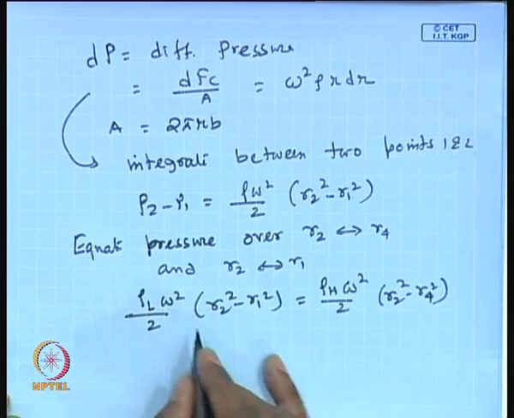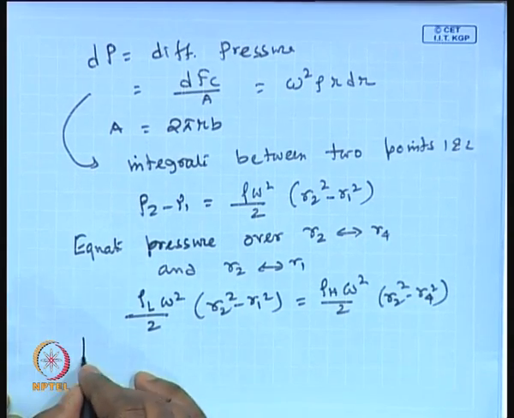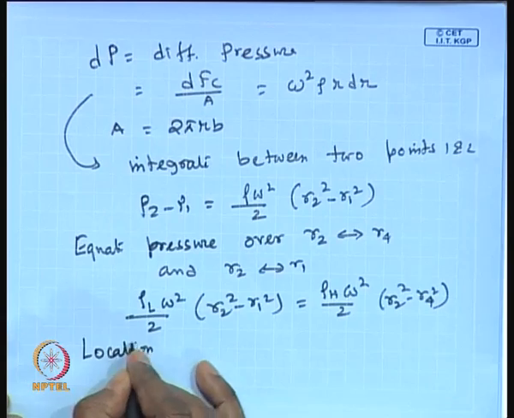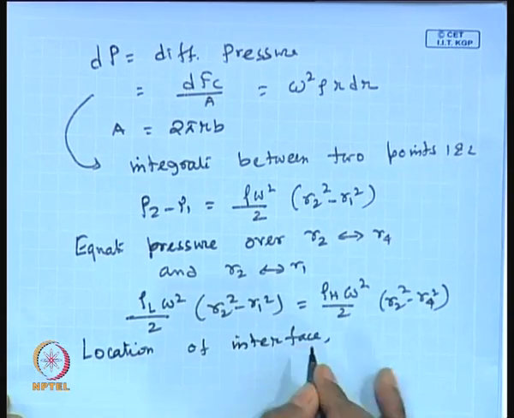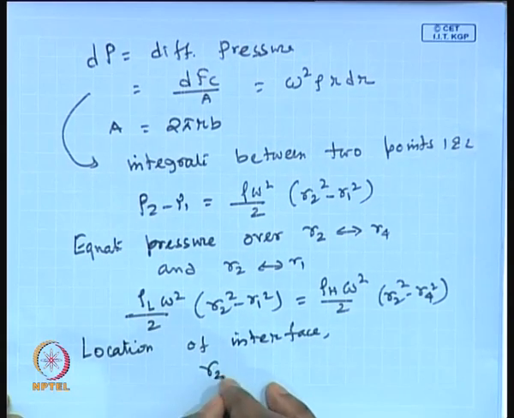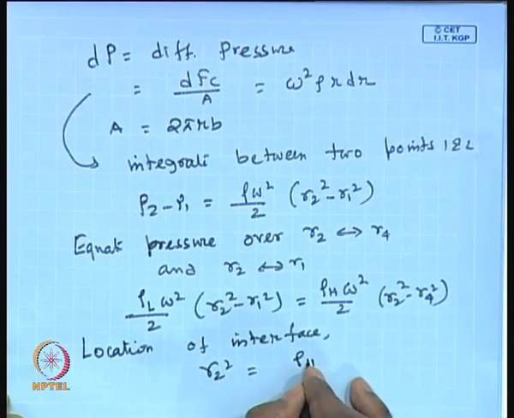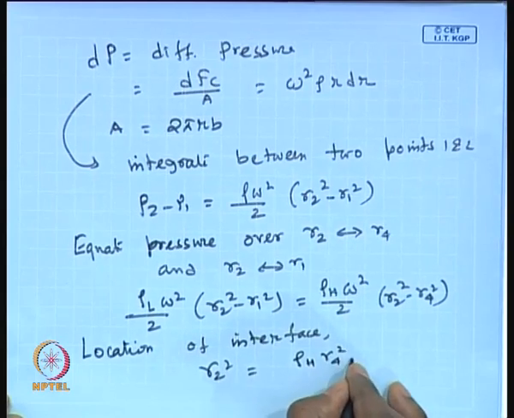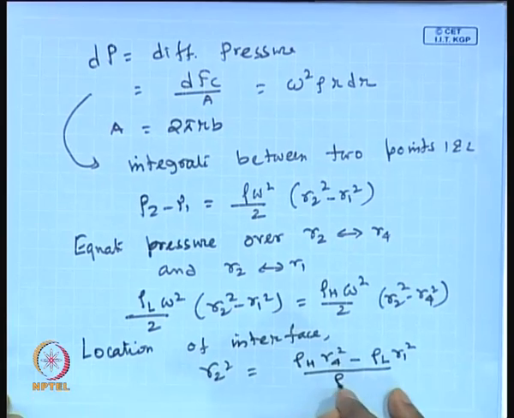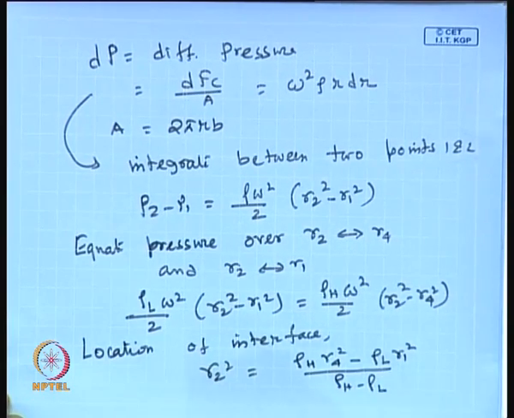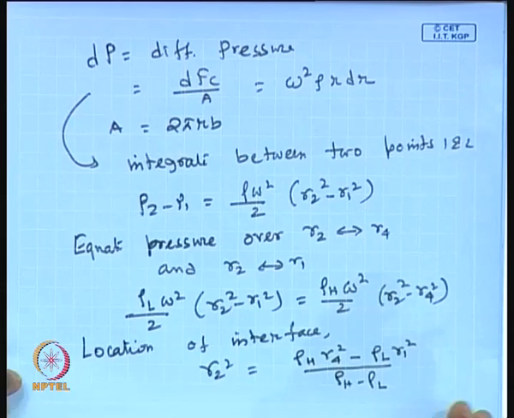So, the location of interface now becomes R2 square equals rho H R4 square minus rho L R1 square divided by rho H minus rho L. Now, the interface R2 must be located such that R2 is less than R3, otherwise no separation occurs between the heavy and the lighter fraction.